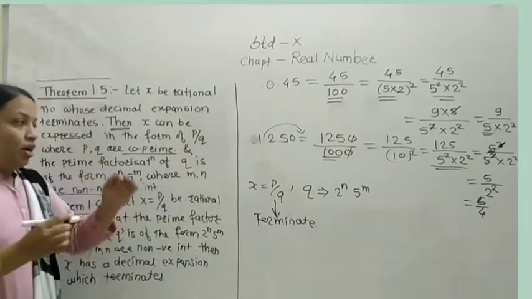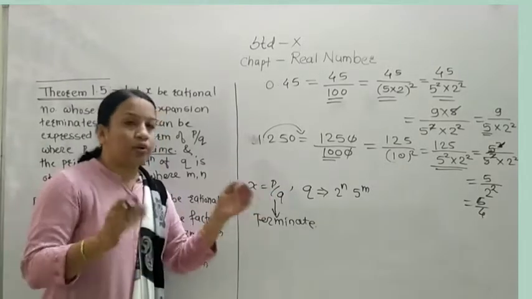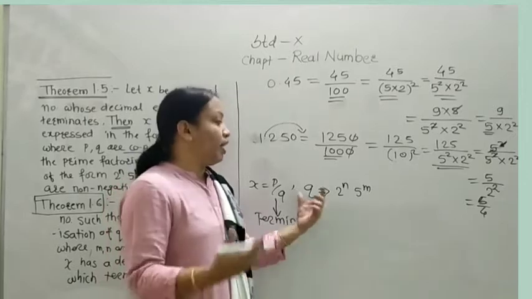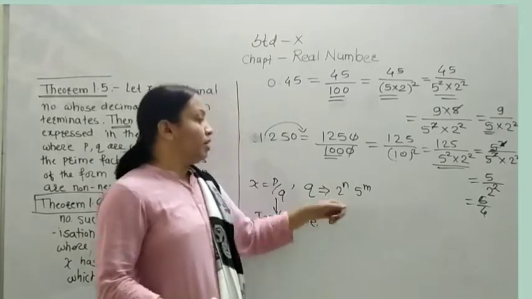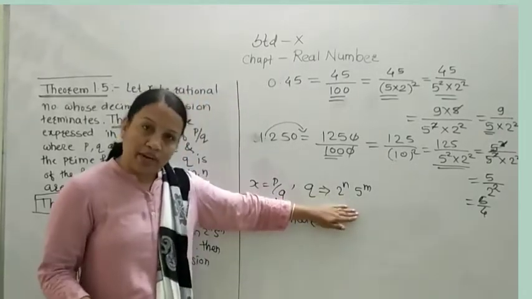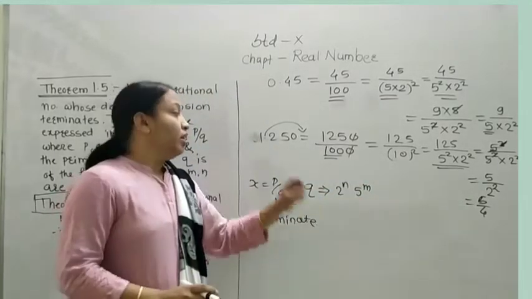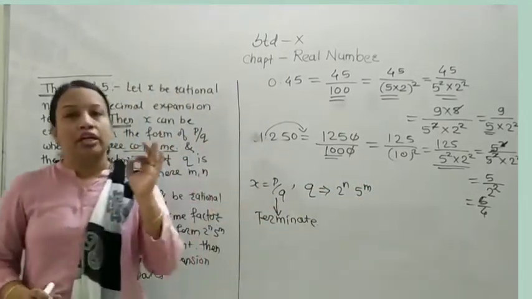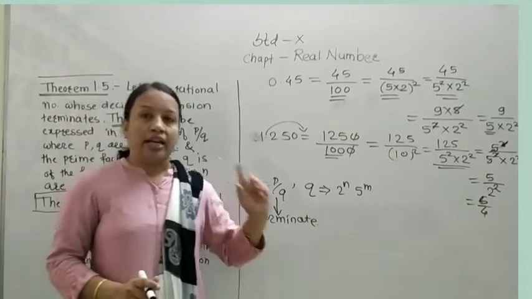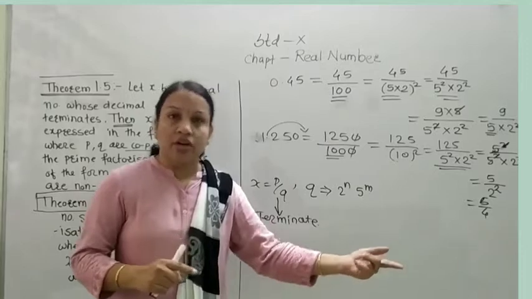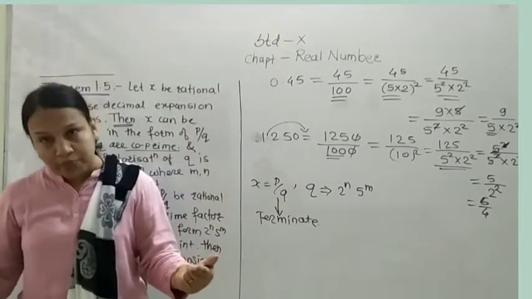Okay, this means if you have a number of the form P by Q and you observe its denominator and find that the denominator is of the form either 2 raised to power n or 5 raised to power m or both, then that P by Q definitely terminates, because you know that rational numbers are categorized into two kinds, either terminating or non-terminating and repeating.